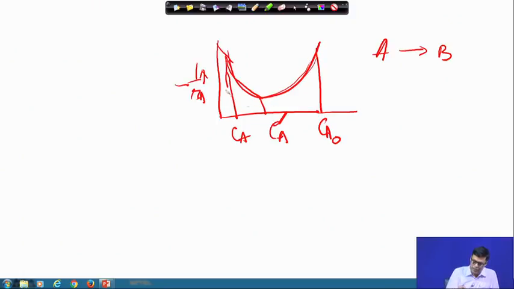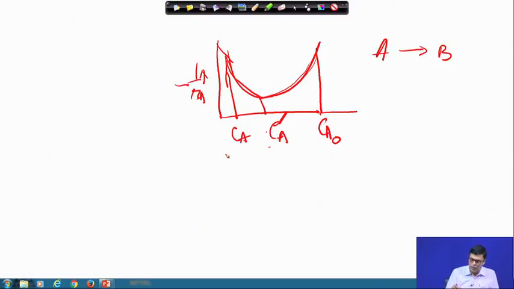If you have these patterns in this particular reaction, then the same type of reactor may not be suitable for the whole system, because one reactor may be suitable for conversion of CA0 to CA dash, and another type of reactor may be suitable for conversion of CA dash to CA.